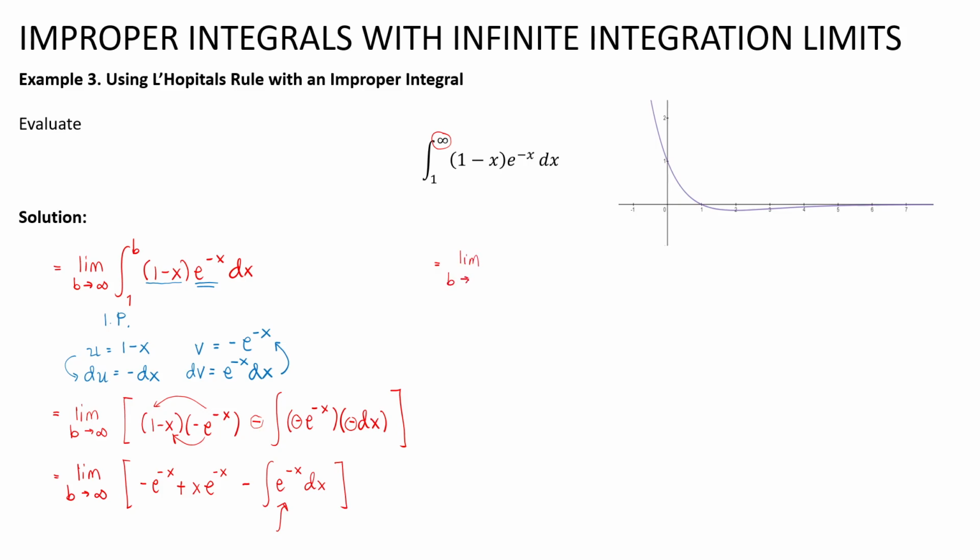So b approaches infinity, and then this will give us negative e raised to negative x plus x times e raised to negative x, and then minus negative e raised to negative x, and then the limit is from 1 to b.